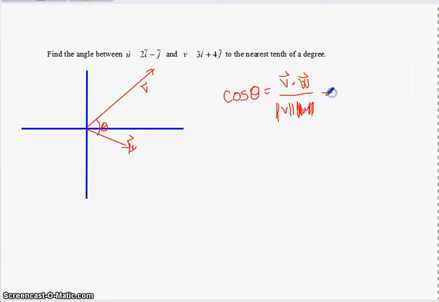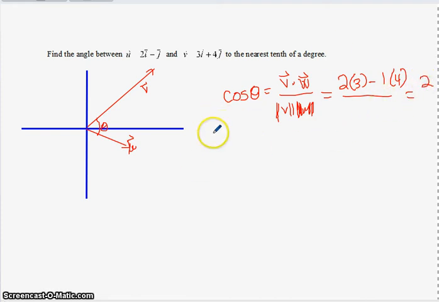Okay, so let's first find the dot product. Well, we've done that. We have another way of finding that dot product, right? Multiply the i numbers and multiply the j numbers. So I have 2 times 3 minus 1 times 4. 6 minus 4, so I'm going to get 2.